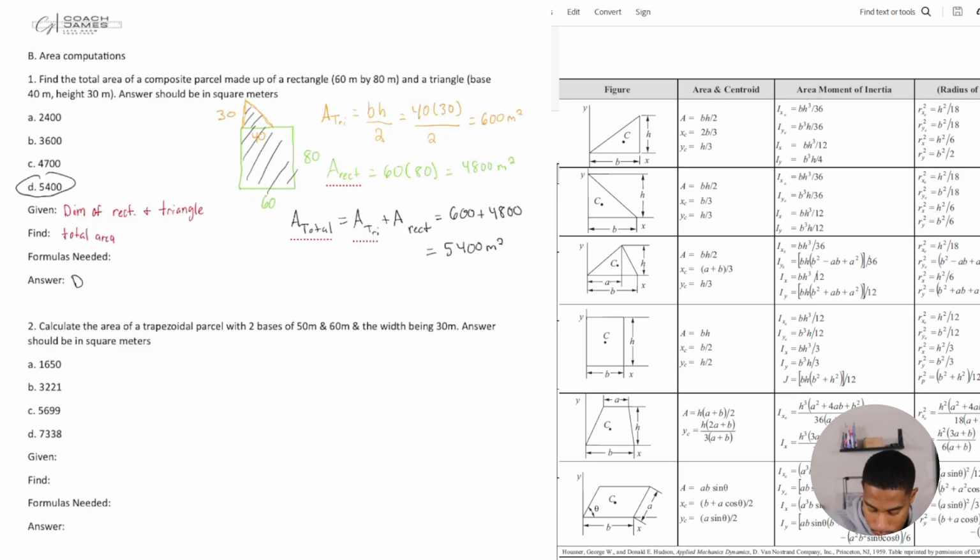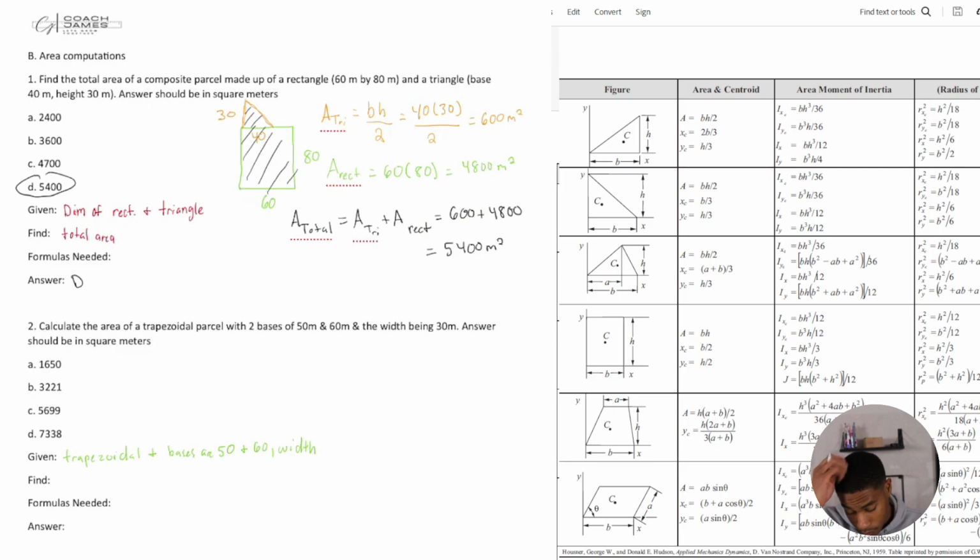Given information: a trapezoidal parcel, bases are 50 and 60 meters, and then your width is also given.